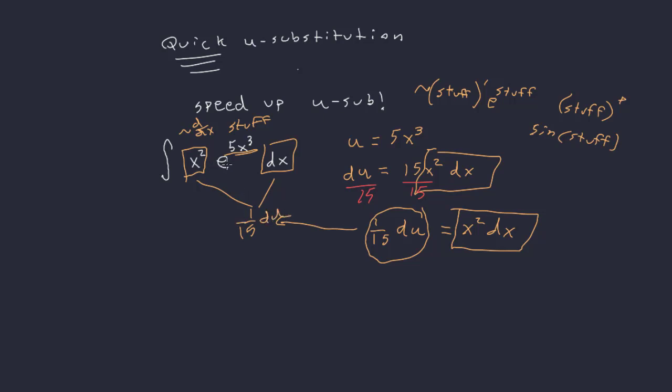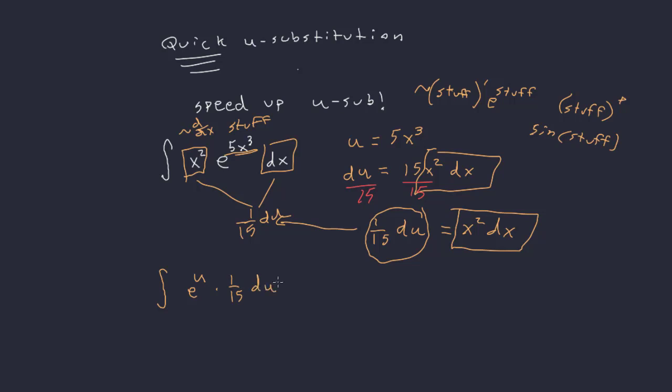Okay, and then this e to the 5x cubed, this e to the stuff, is going to become just e to the u. Okay, so our new integral is going to be, remember this x squared dx becomes 1/15 du, and this e to the stuff becomes e to the u.